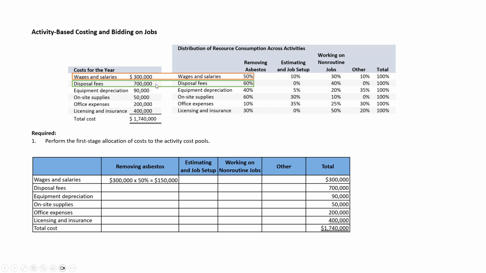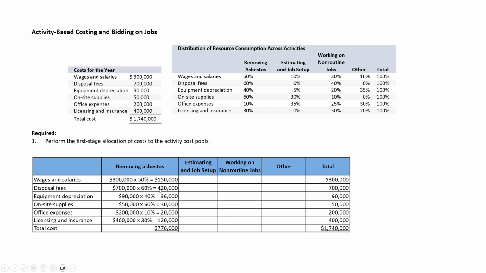Disposal fees, $700,000, times 60%, so $420,000 of disposal fees gets allocated to removing asbestos. I'm not going to talk through each of these individually. I'll just end with licensing and insurance: 400,000 times 30%, or 120,000, is allocated to removing asbestos.